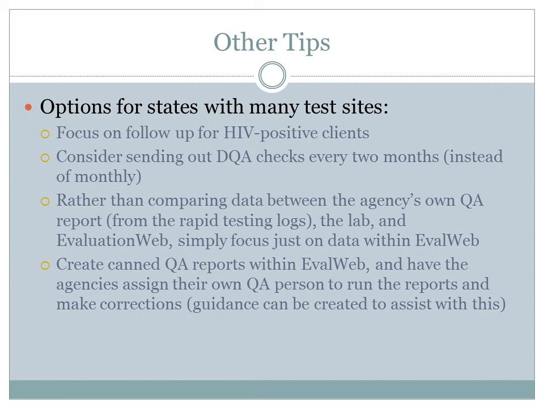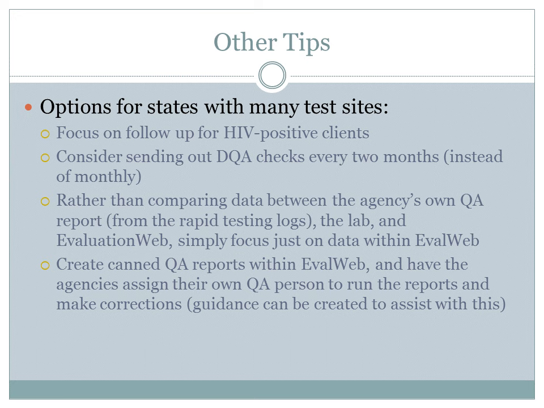Depending on the sources of data that a state has, they may not look at all 3 sources of data like we do. So the Evaluation Web, the rapid testing log, QA report, and then the lab data, they may just focus on Evaluation Web. So it would just depend.